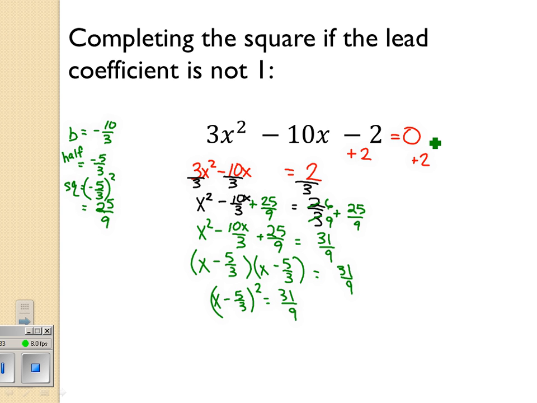If we take the square root of both sides, we're going to get x minus 5 thirds on the left and plus or minus the square root of 31 over 9 on the right. Now, the square root of 31 over 9 simplifies a little bit because the root of the denominator 9 can be solved. I'm running out of room here, so I'm going to write off to the left-hand side. But we have to add 5 thirds to both sides.